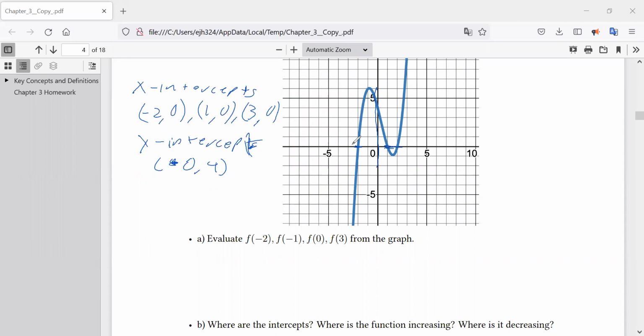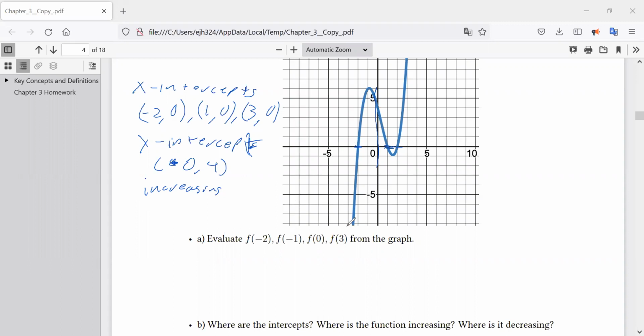So we also want to identify where this function is increasing and where it is decreasing. Looking at this function, where is it going to be increasing? This is going to be an interval.